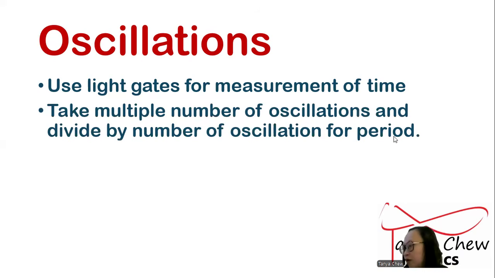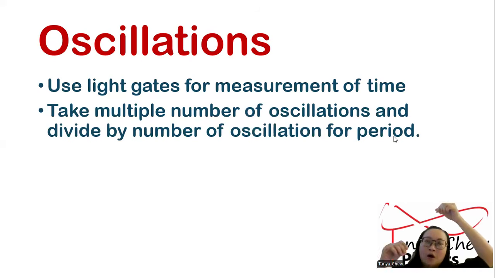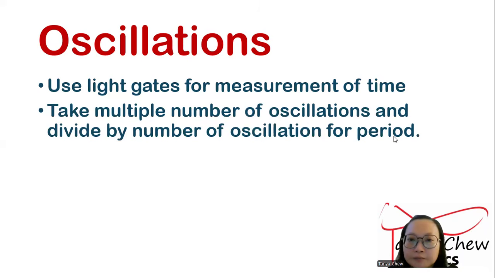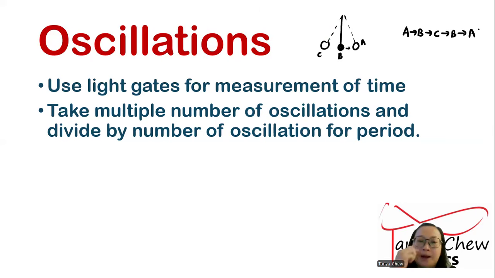For example, if the question asks you to find one complete oscillation, which is the period, let's say you displace it to point A. This is point B, this is point C. One complete oscillation is A to B to C, back to B, back to A. You could do that, but that will give you a lot of random errors on the period measurement.